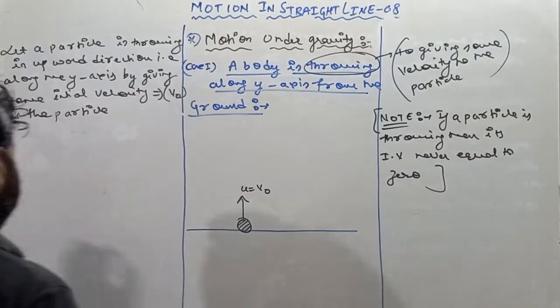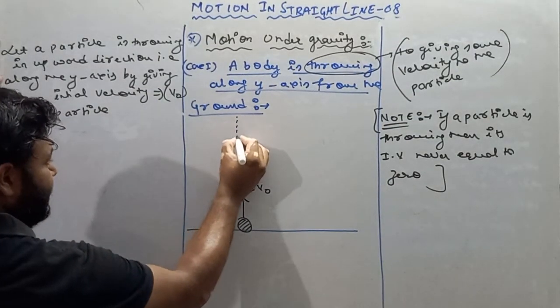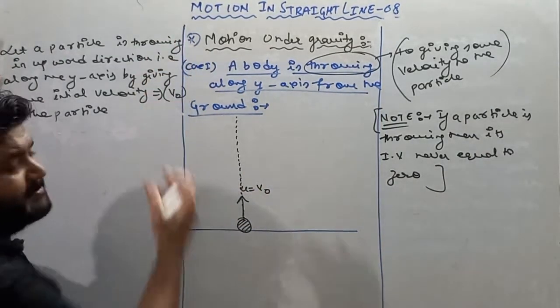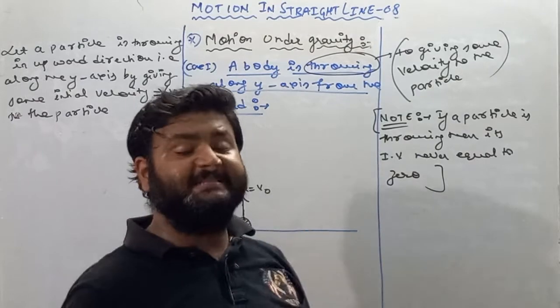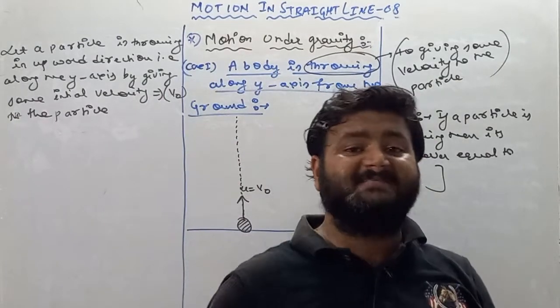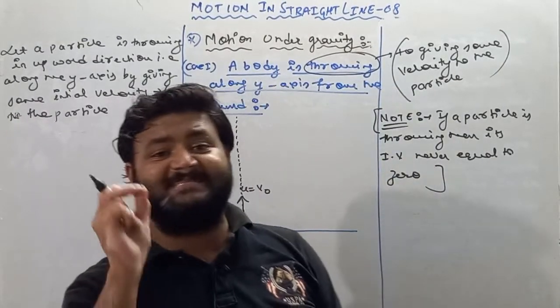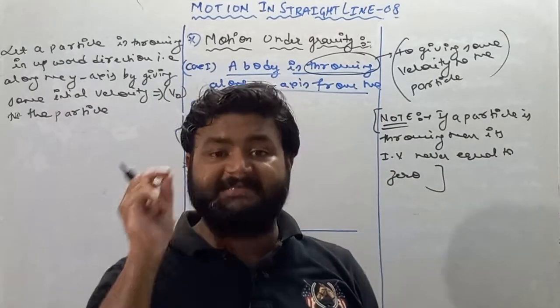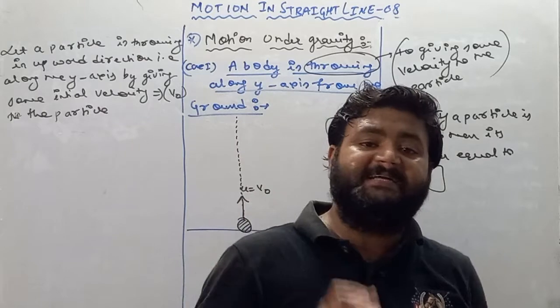Now see my dear student, this motion is nothing but motion along y-axis, and I already told you, if a particle is performing motion along y-axis, then it is obvious that the only acceleration acting on the particle is acceleration due to gravity, and its direction is always vertically downward.